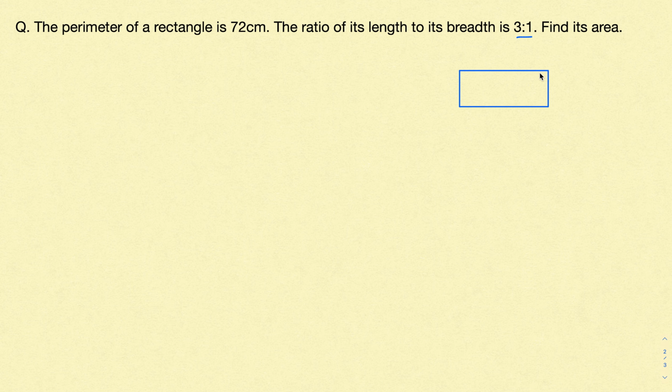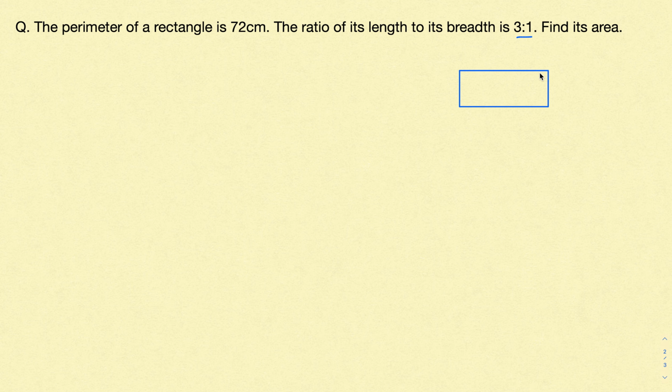Now, what ratio are we given? We are given the ratio of length to its breadth is 3:1. That means our length is 3 units and our breadth is 1 unit. Okay, so let me write it. So this is our length, 3 units, and this is the breadth, 1 unit.